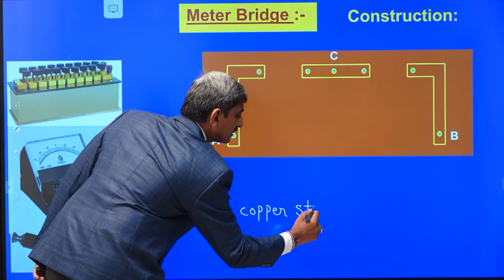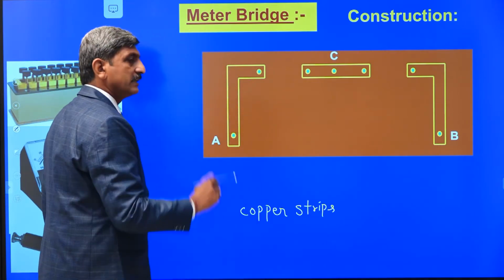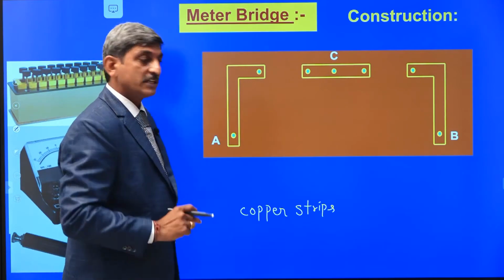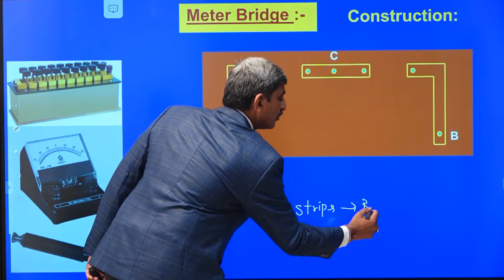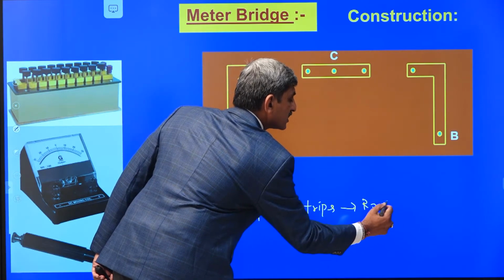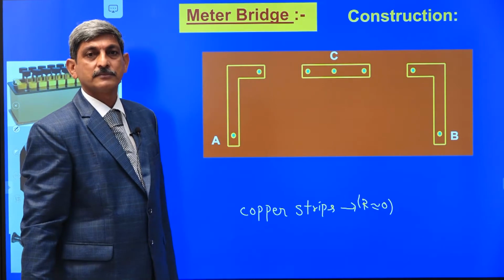Copper strips, and these have more thickness so that these strips offer almost negligible resistance for the flow of the current in the circuit.